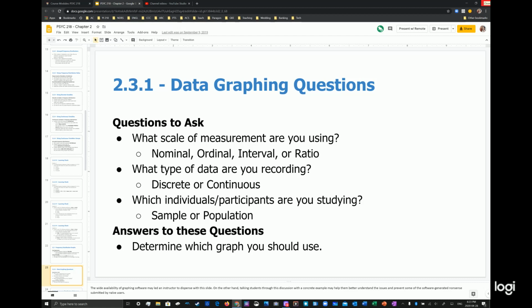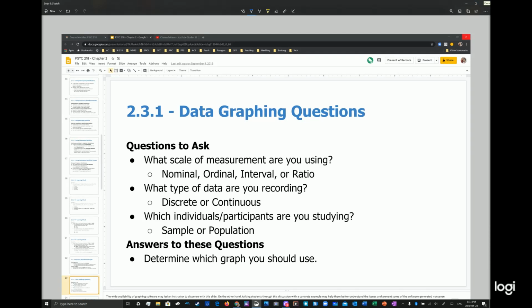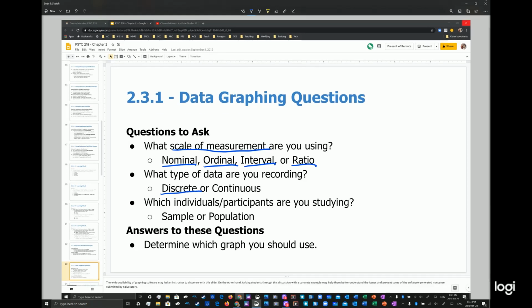Before you start drawing graphs, here are some questions that you want to ask. There are 3 main questions. 1, what scale of measurement are you using? Depending on the scale of measurement, whether it is nominal, ordinal, interval, or ratio, you would use a different graph. Next, you would figure out what type of data you're recording, whether the variable is discrete or continuous. That also helps you determine what graph you use.